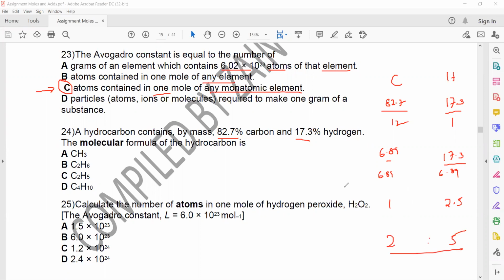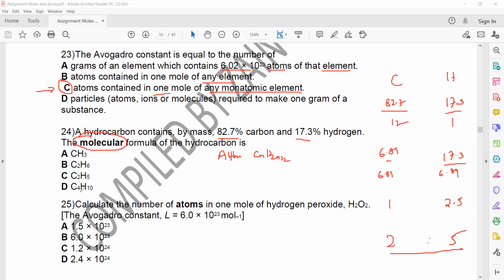So the simplest ratio is 2 is to 5, but they're asking for the molecular formula. So what could be the hydrocarbon? A hydrocarbon can be alkane, alkene or alkyne. If it is an alkane, the number of hydrogen should be twice plus 2. So it cannot be C2H5. Why? Because it does not match with any alkane, alkene or alkyne.